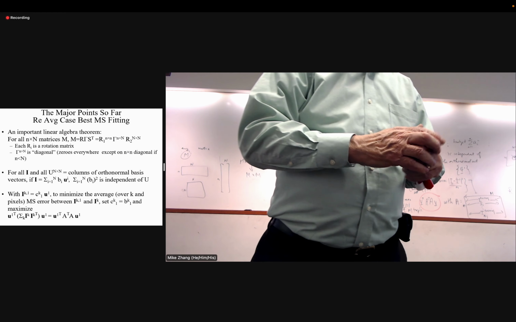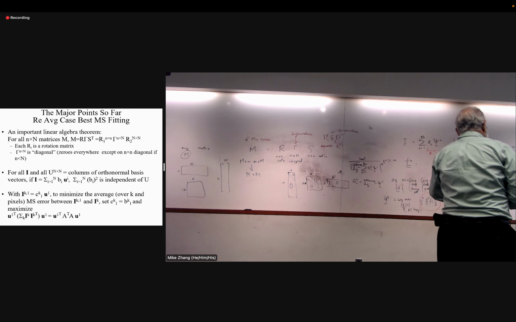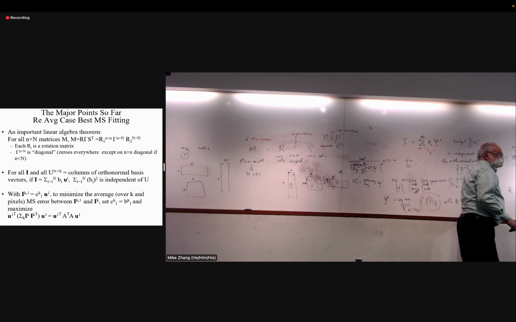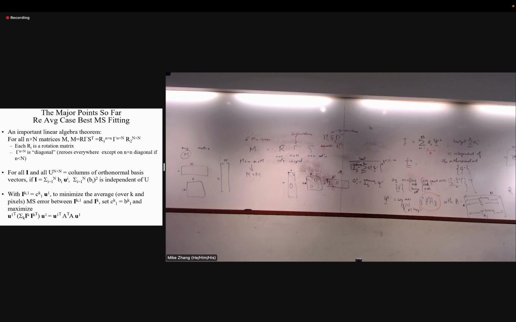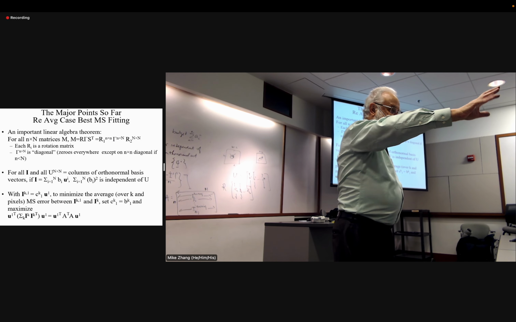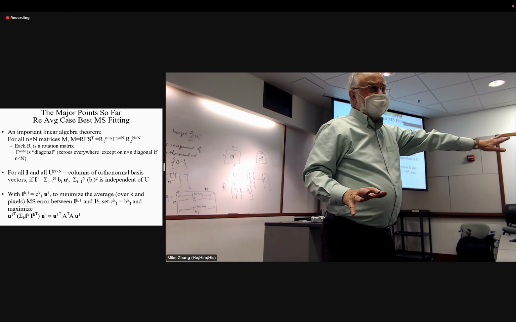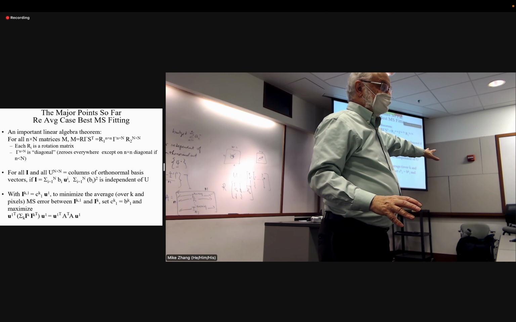Okay, so I want to come to the end of this teaching section. We've learned something important about matrices. They all can be written as a rotation of the input space, a set of expansion factors that could be positive or negative or 0, and another rotation in the output space.